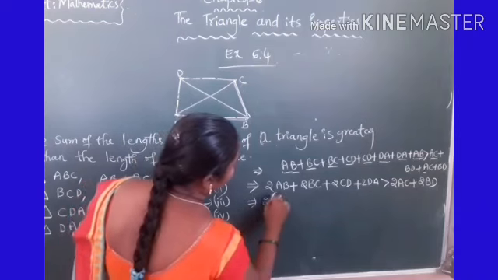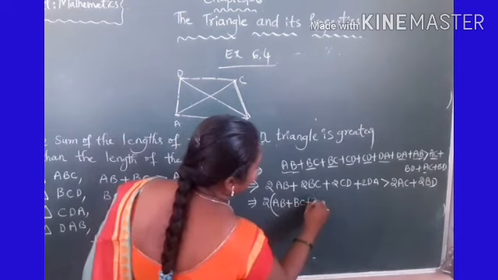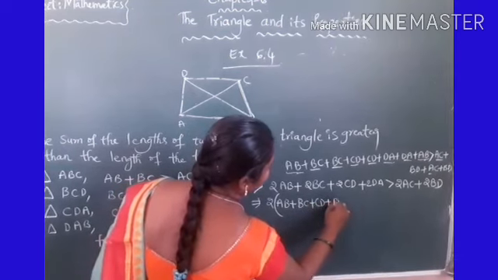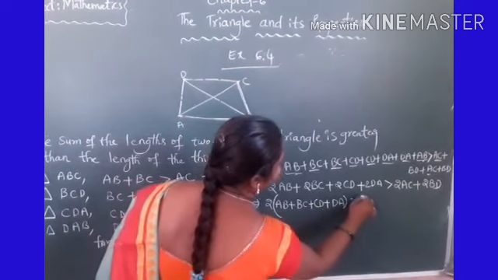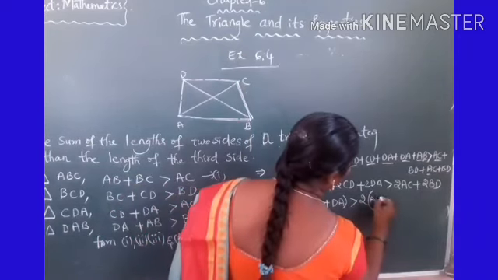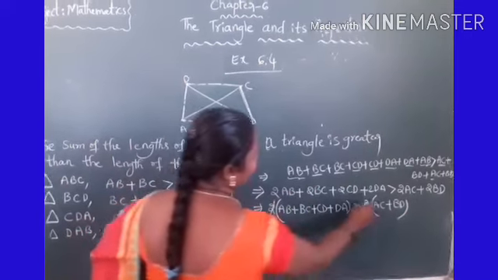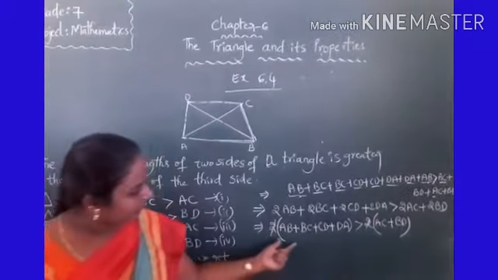So take out 2 from AB plus BC plus CD plus DA is greater than, here also take 2 common, 2 of AC plus BD. So here the 2 cancel. Now what is the remaining?